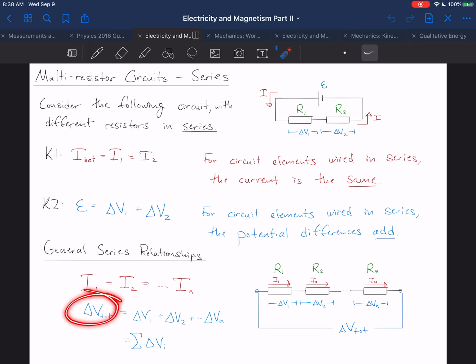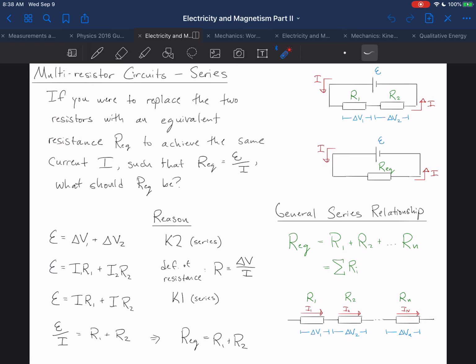But the total potential drop is just equal to the sum of the individual potential drops if these resistors are wired in series. So delta V total is equal to the sum of the delta V i's. So, we can use that to derive the relationship between the resistances as well.